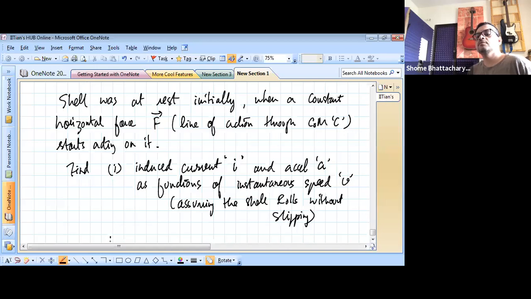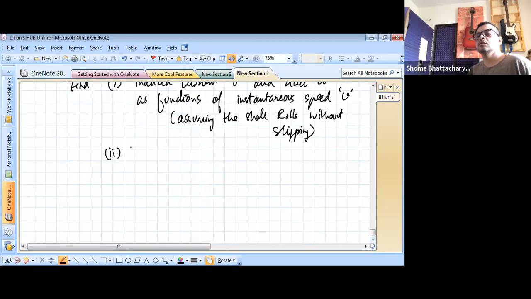And we also have to find the speed as a function of time, assuming no slipping.